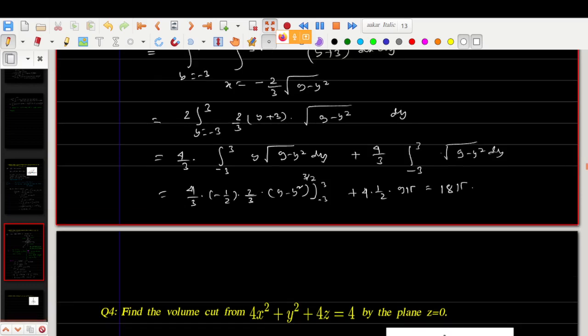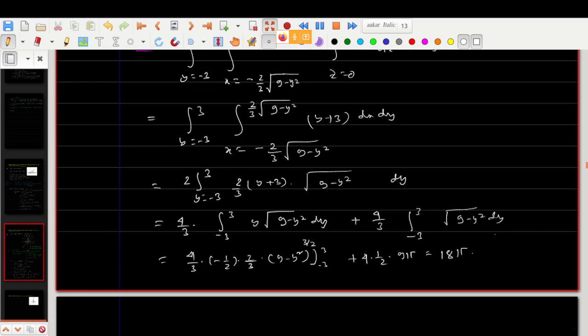This is nothing but a simple calculation. If you have any doubts, please ask. Otherwise, I shall move to the second problem.